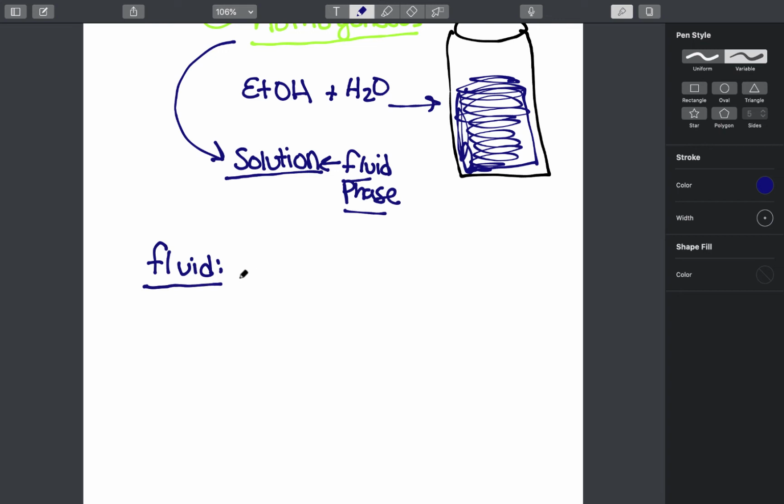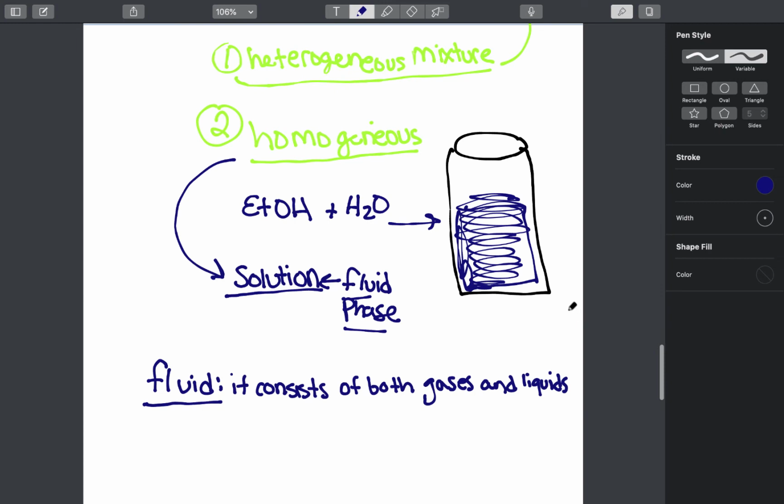Fluid is a physics term, and it consists of both gases and liquids. So both gases and liquids are considered fluids. Those are the two types of mixtures that you should know.